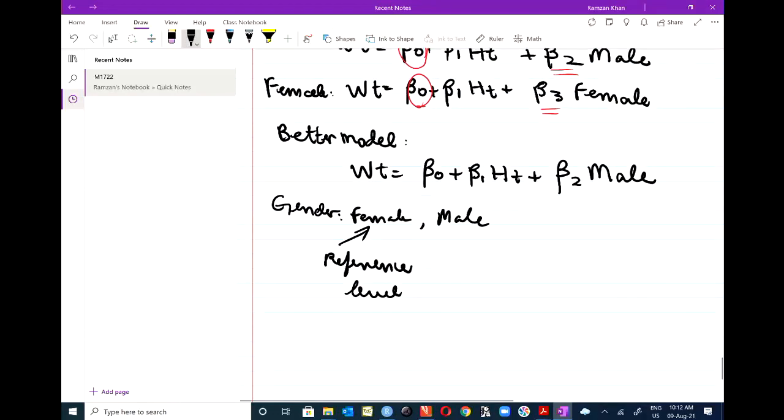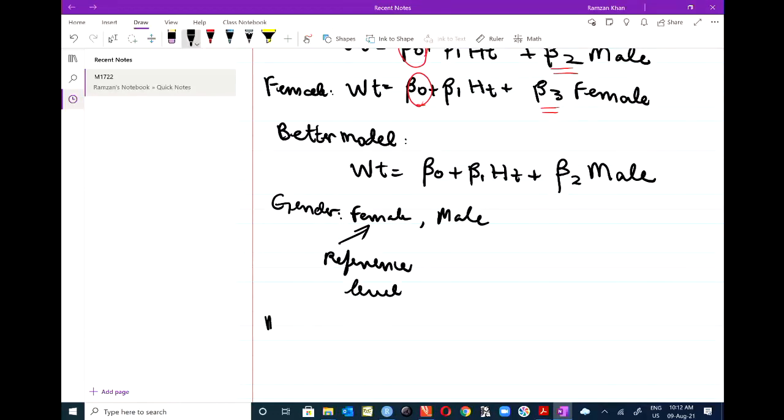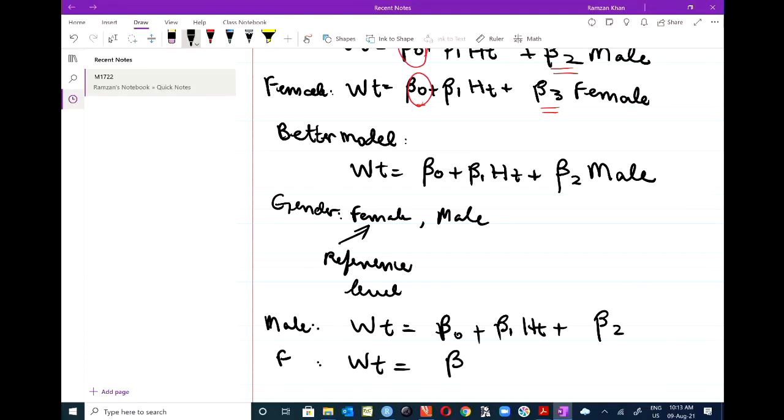So given this particular model equation now, for a male person, my model is weight equals beta naught plus beta 1 height plus beta 2. And for a female person, it is weight equals beta naught plus beta 1 height.